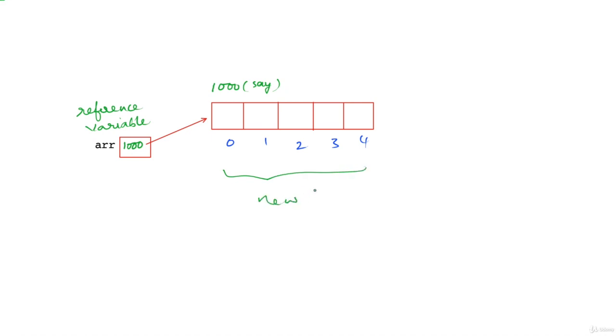So new int of 5 will allocate some memory, and then its address is held in ARR. But from here on, accessing the array elements is quite straightforward. In order to access the third element, you can simply say ARR of 3. Rest of the things remain the same, except that you need to keep this in mind.